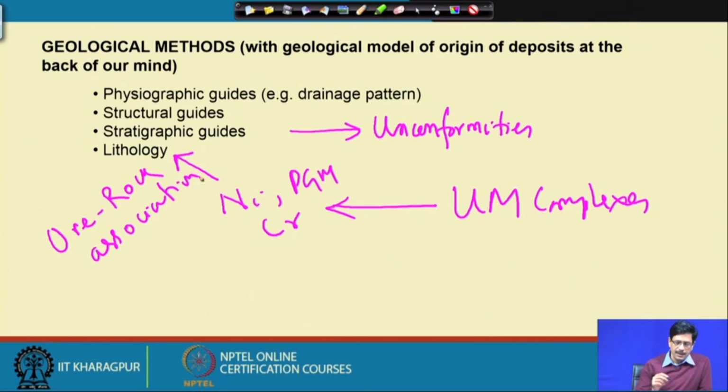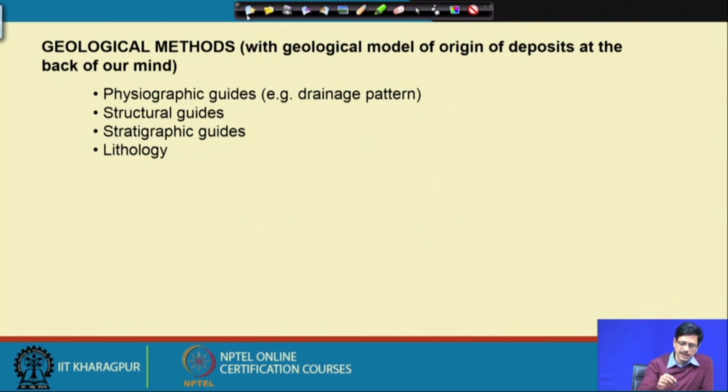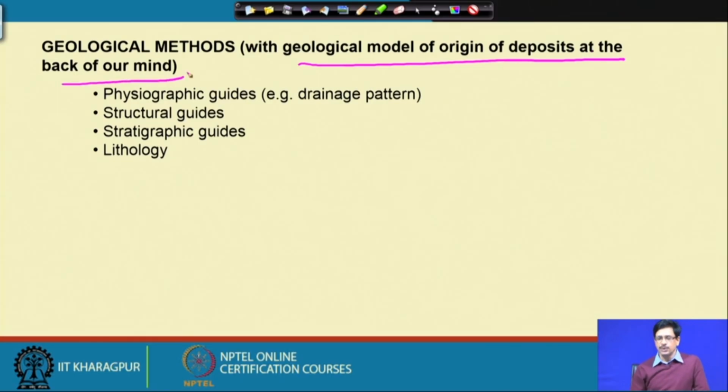Before I put up any more examples on this ore rock association, it would be relevant and important to recall what we are basically saying here: the geological model of origin of deposits is at the back of our mind. When we think of mineral exploration today, we generally are targeting a particular metal of a particular genetic type.